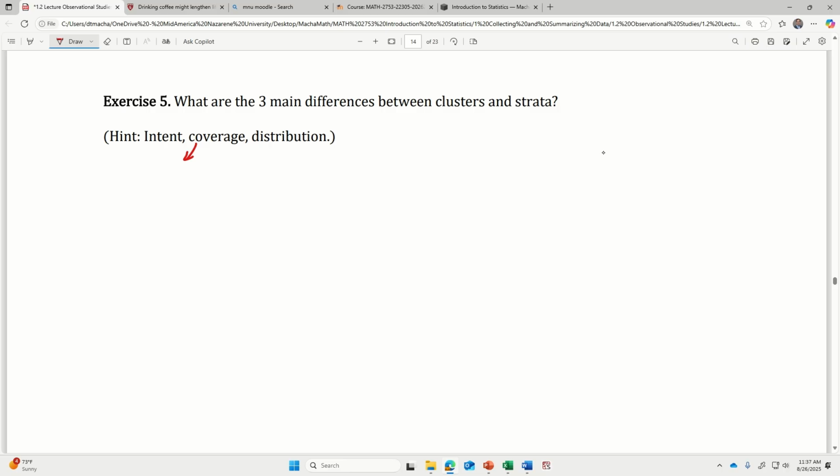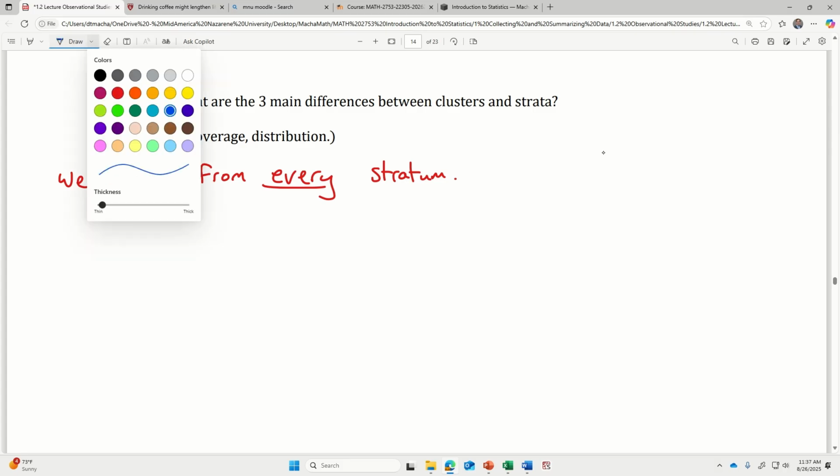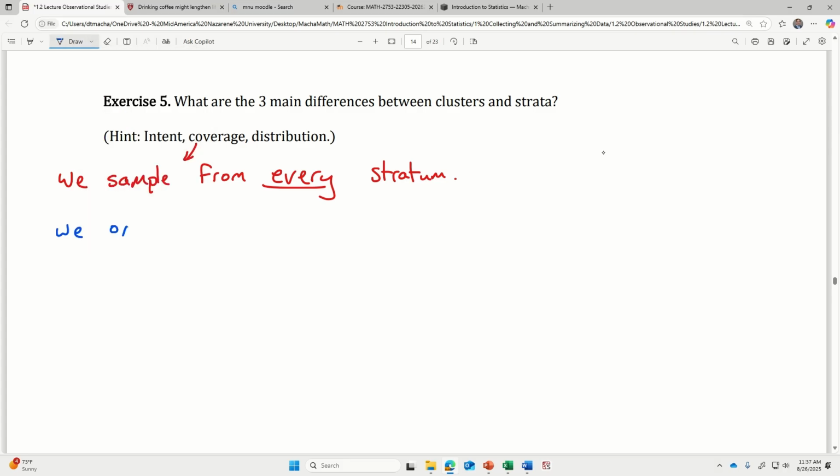I'm going to go ahead and write some of these things out on my notes. We sample from every stratum when we do stratified sampling. But for cluster sampling, we only sample from a few clusters.